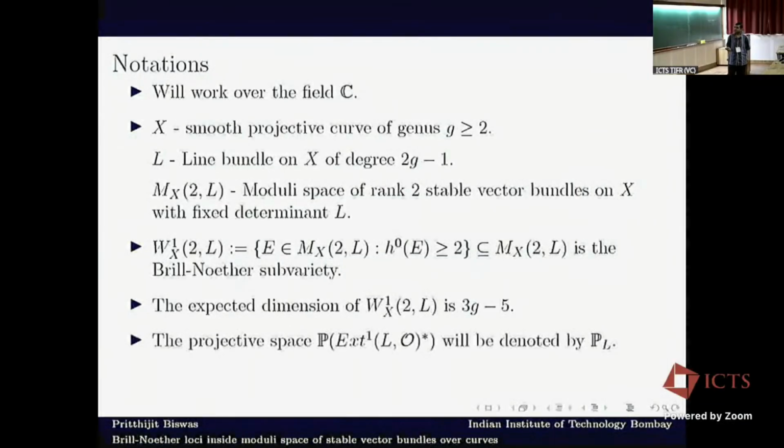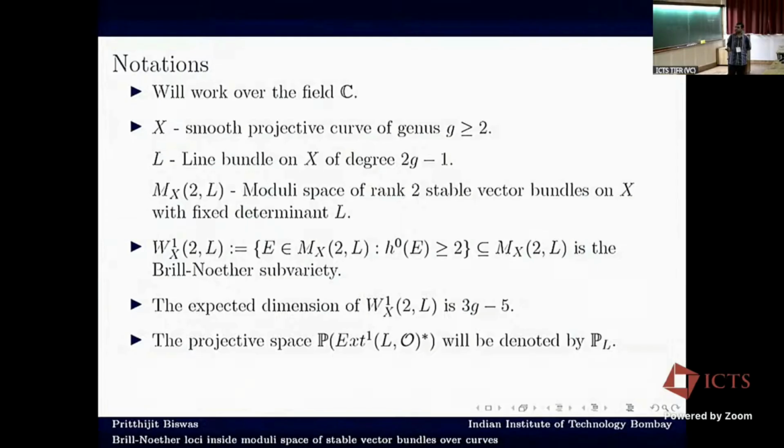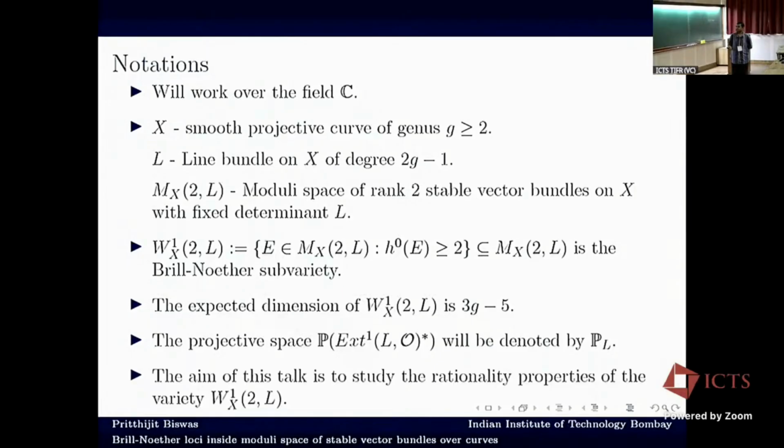And this projective space of extensions of L by O will be denoted by PL throughout the talk. They are important. The aim of this talk is to answer some questions about when these varieties will be unirational or stably rational, for low values of the genus.